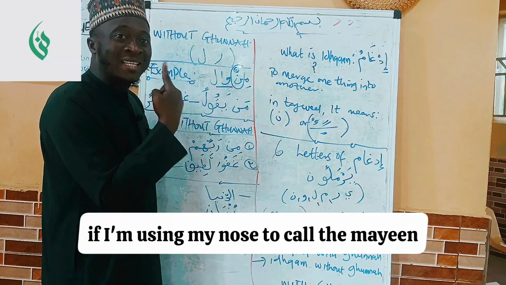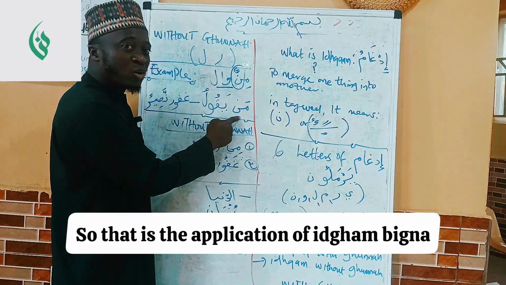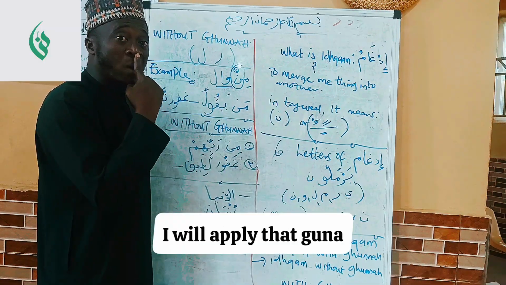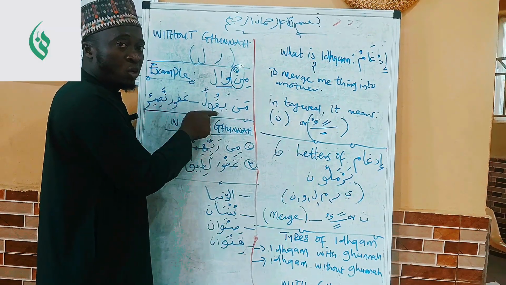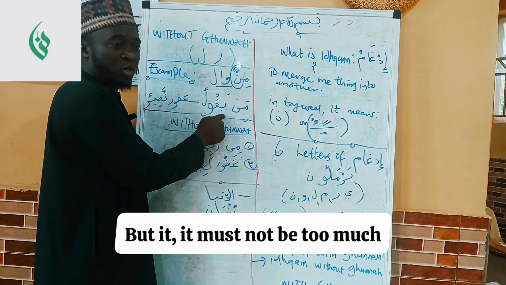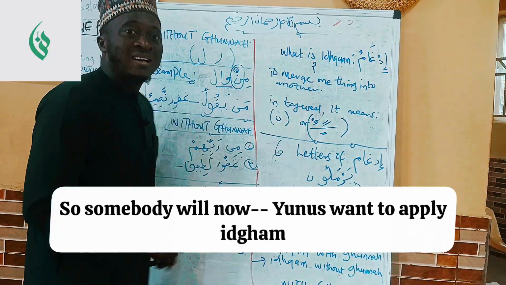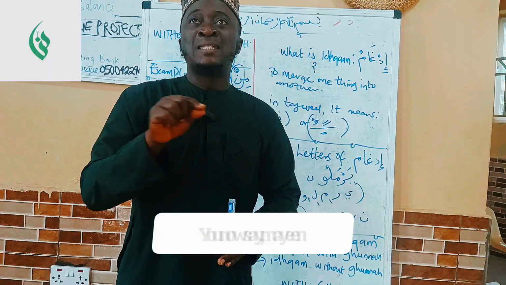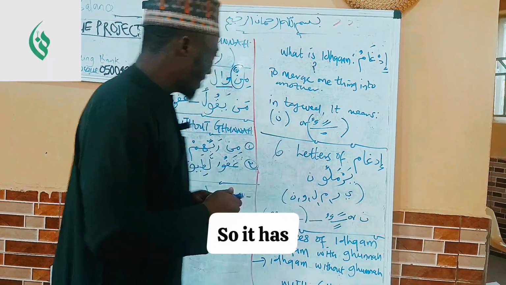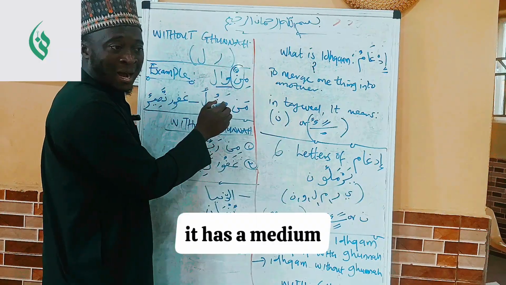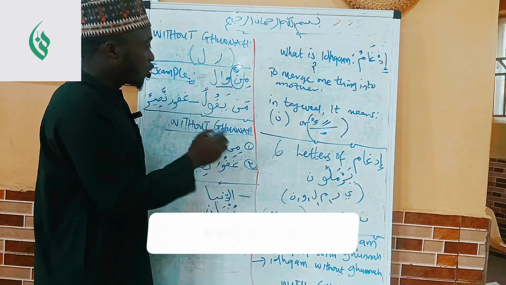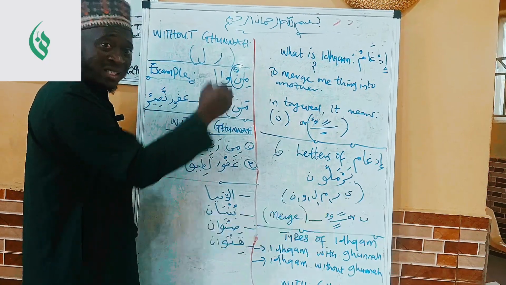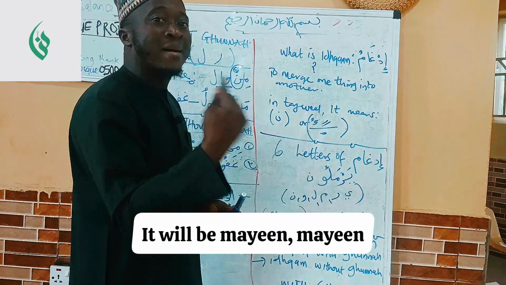That is the application of idghām bi Ghunnah. But it must not be too much. If somebody wants to apply idghām and says it too much, that is wrong. It has a measure. So this nun sakinah will be merged into this ya. It will be may-yakul.